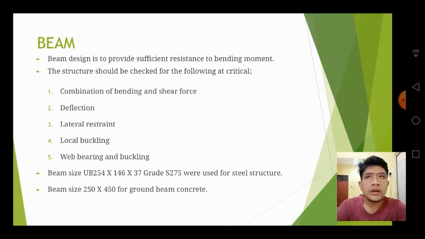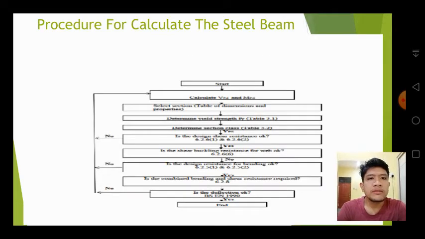For the ground floor, we use a beam size of 250 by 450 for the concrete ground beam. The procedure starts by calculating the VED and MED, and then we select the section and determine the yield strength according to table 3.2.